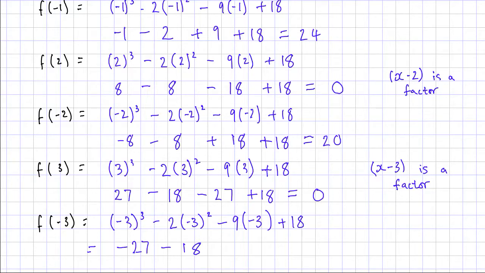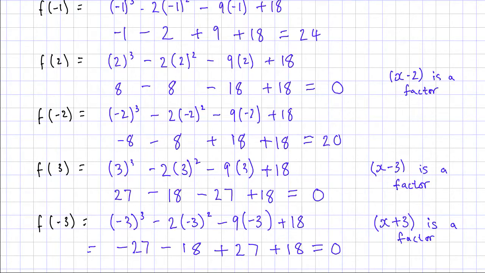Minus 9 times minus 3 is plus 27, and then I have add 18 here. So again, minus 27 and 27 give me 0, minus 18 and 18 give me 0, so this is equal to 0. Because I tried f of minus 3, that must mean x plus 3 is a factor.